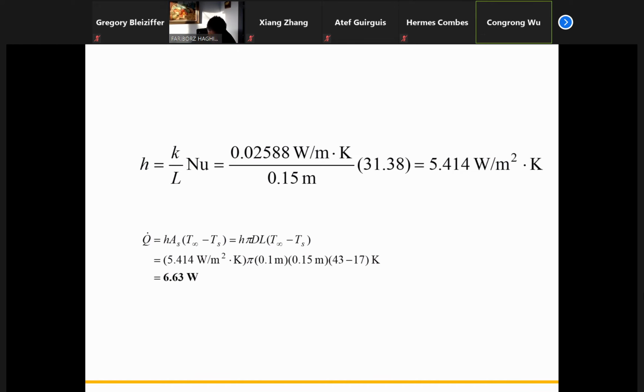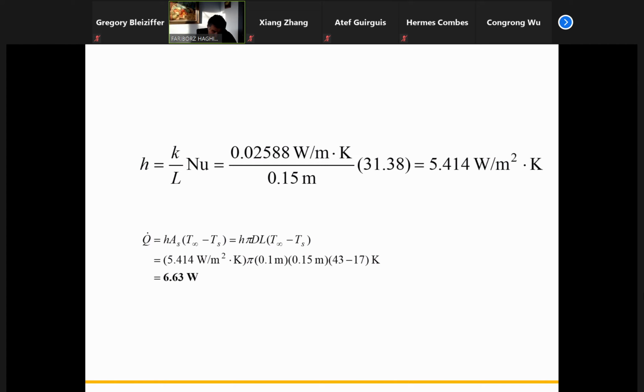Sir, when we calculate the Nusselt number, we have different formulas to choose. In the table, the formula you introduced is for the vertical plane, right? Let me finish this slide and I will go back and explain. As I mentioned, we have an equation for a vertical plate.